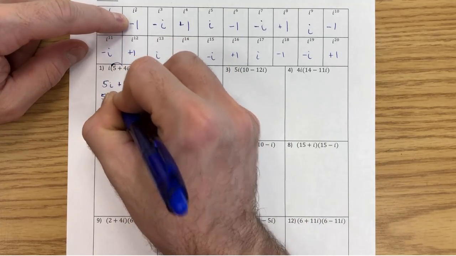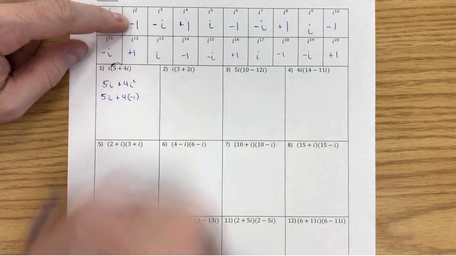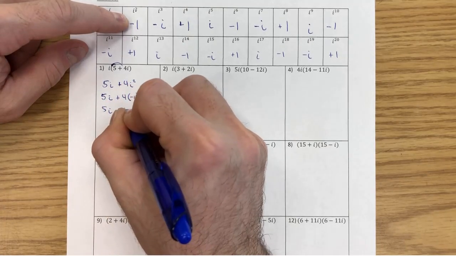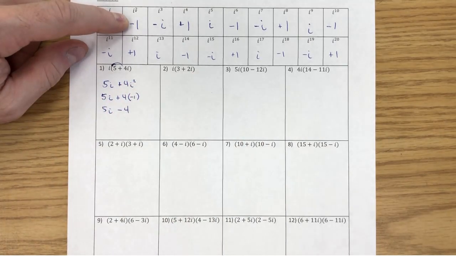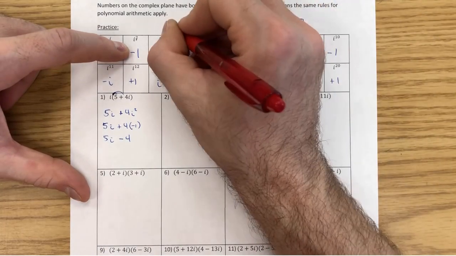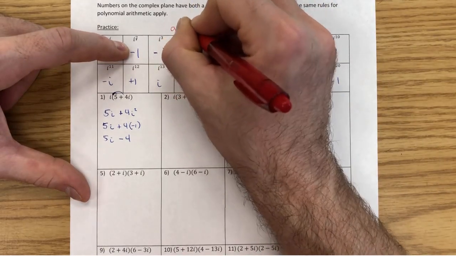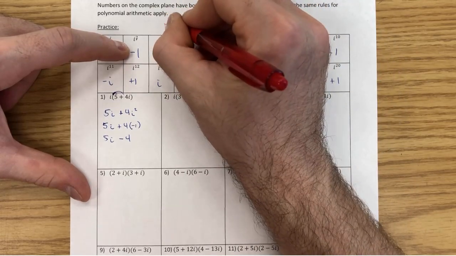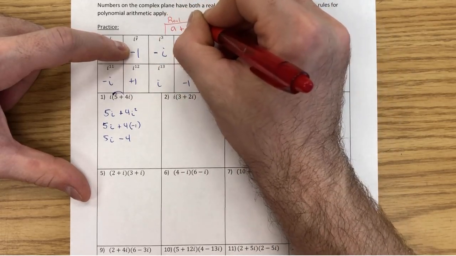So it's actually 5i plus 4 times negative 1. So 5i minus 4. And then the last thing that we need to pay attention to is that complex numbers are always listed in what we call a plus bi format. We always list the real part first and then the imaginary.